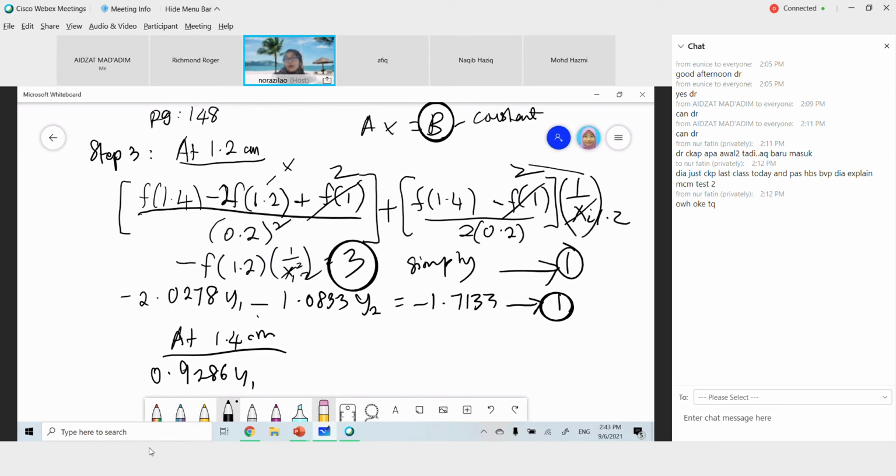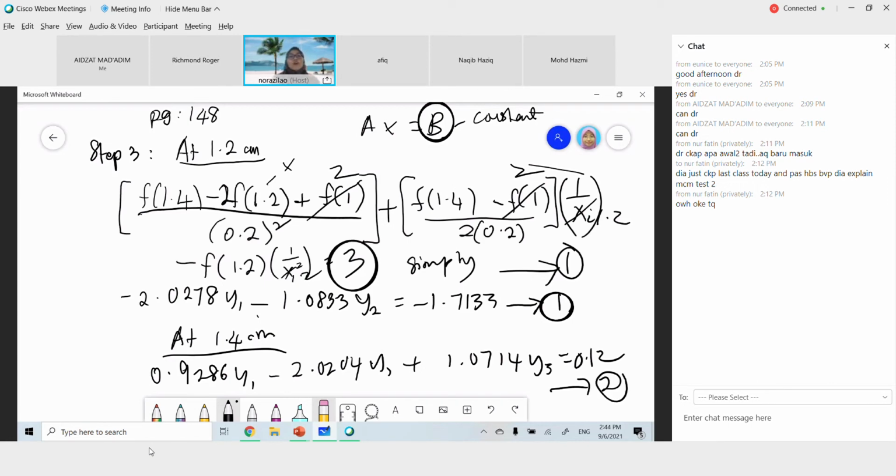At 1.4, your xi is 1.4. So you repeat lah. Minus 2.0204. So you kena buat satu-satu, plus 1.0714 y3, equals 0.12. So this is equation number 2.